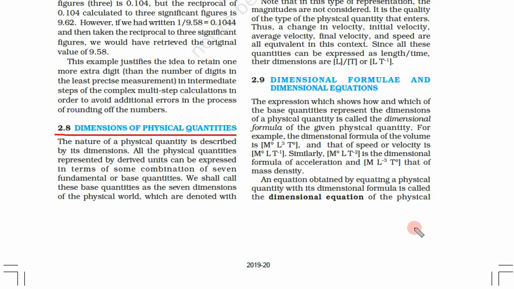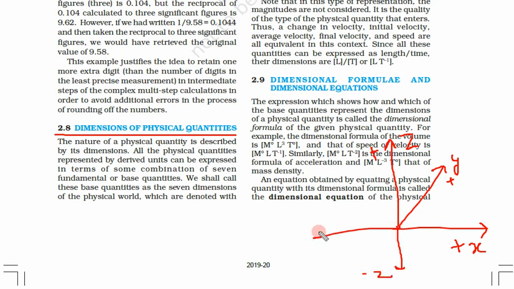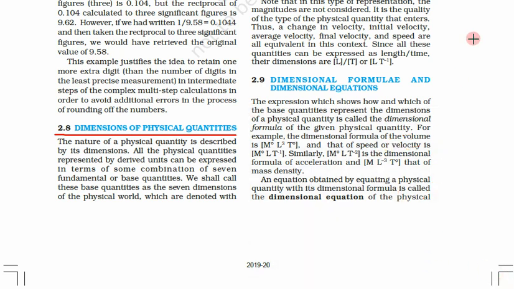In physics this direction is always the x direction, this direction is z, and y should be shown in this way. So this is positive x, this is positive y, this is positive z, this is negative z, here it is negative x, and this would be negative y. This is the correct way of showing directions when we use the three dimensions.